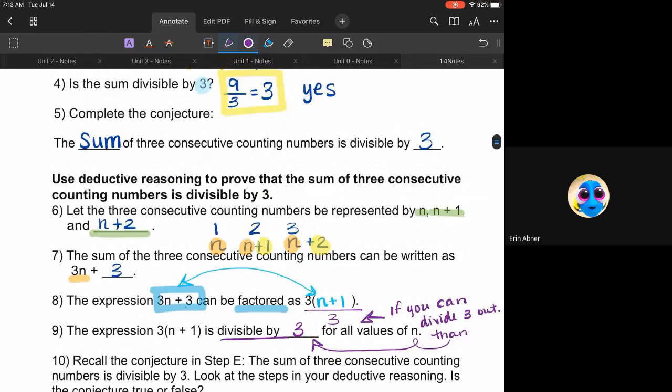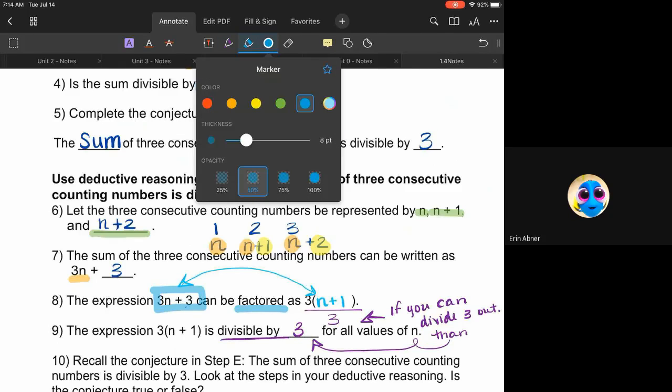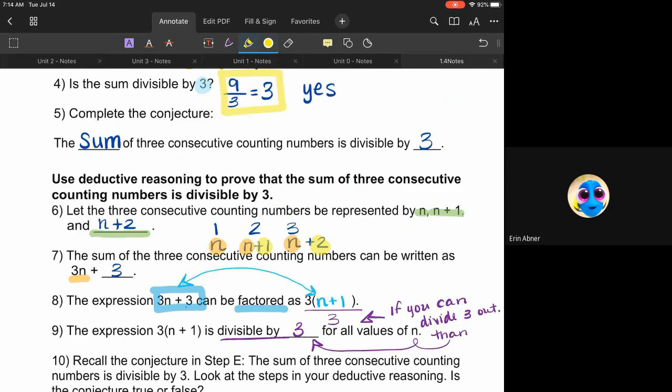The sum of 3 consecutive counting numbers. So let's make sure everybody's on the same page. So we're talking about this right here. The sum of 3 consecutive counting numbers is divisible by 3.